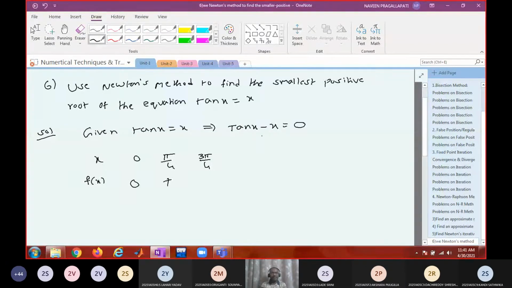What about 3 pi by 4? Negative. Minus 1, this is negative, and minus 3 pi by 4 is negative. So that means there is a root in between pi by 4 and 3 pi by 4. Am I right?